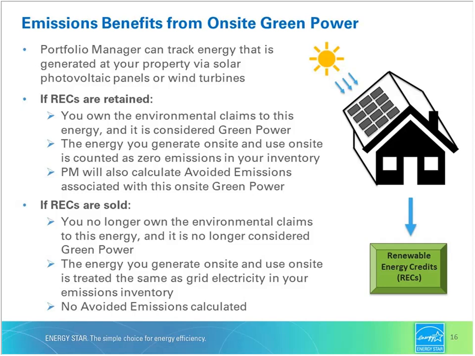But as I mentioned before, that is a separate metric. Avoided emissions are separate from total emissions. But again, the note here is if you generate the power on-site and you retain the RECs, then Portfolio Manager applies an emissions factor of 0 to that portion of the energy you consumed.